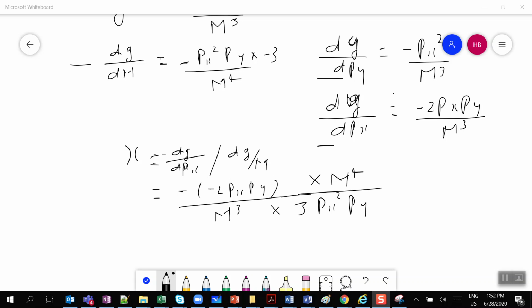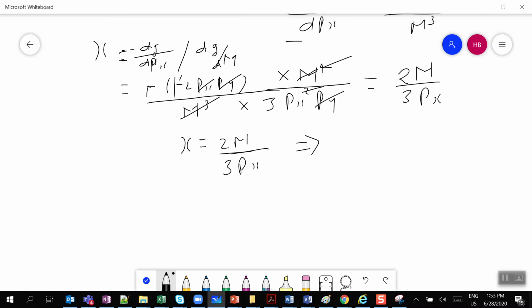If you put these equations here, the terms cancel, the sign becomes positive, and what remains is 2m by 3px.